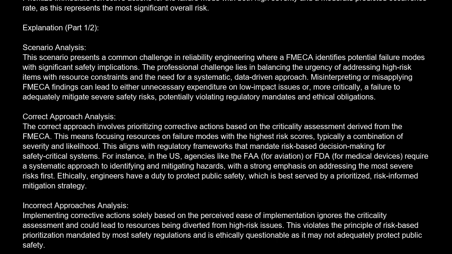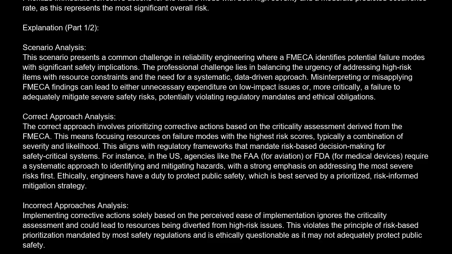Correct approach analysis. The correct approach involves prioritizing corrective actions based on the criticality assessment derived from the FMECA. This means focusing resources on failure modes with the highest risk scores, typically a combination of severity and likelihood. This aligns with regulatory frameworks that mandate risk-based decision-making for safety-critical systems.